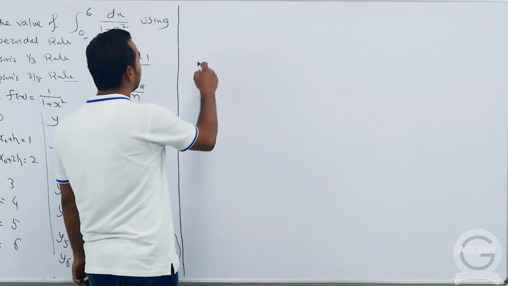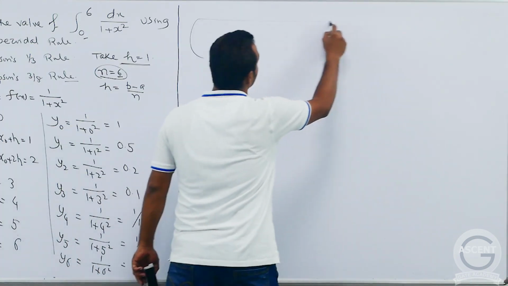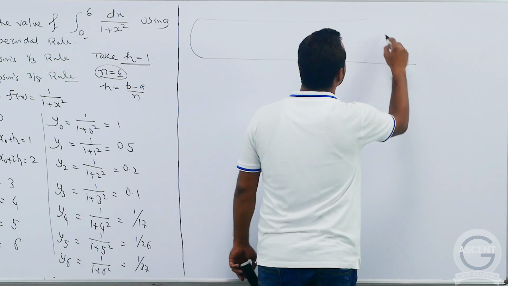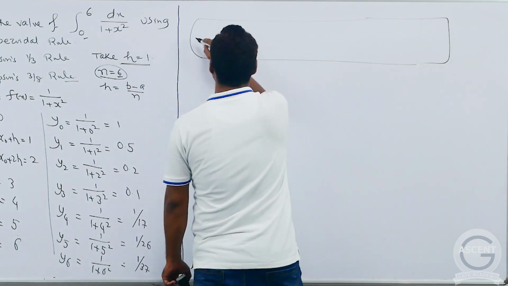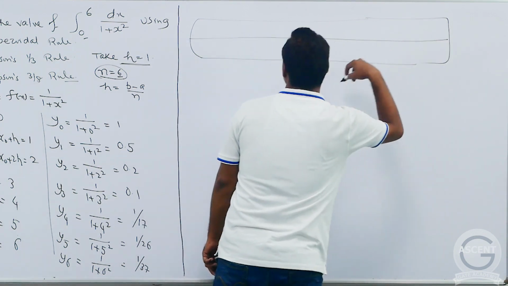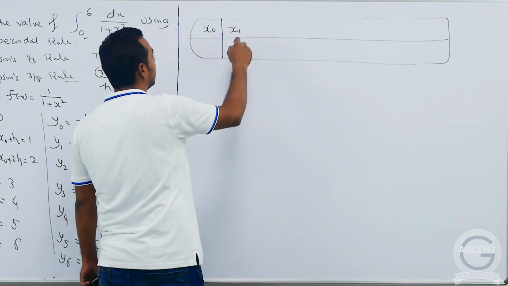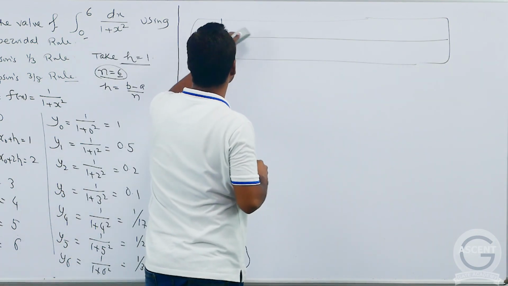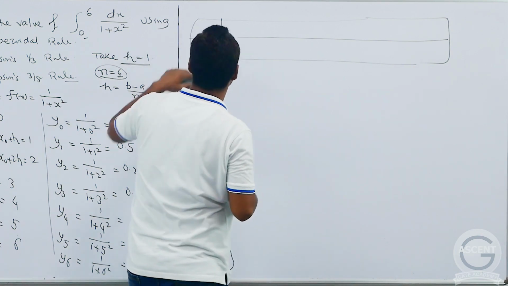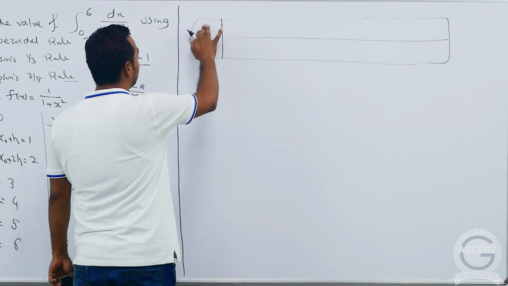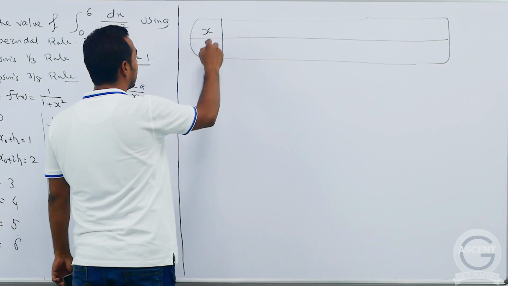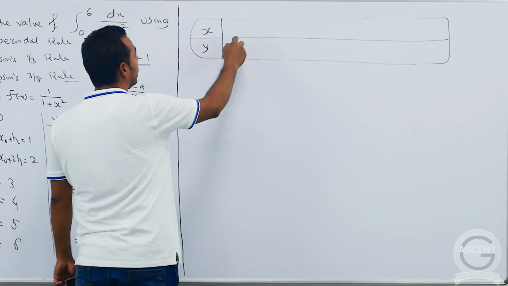Okay, if you want to form a table, you can write this in a tabular form. So we can write the value of x and the corresponding value of y. Here we can write the different values of x and here the corresponding values of y.